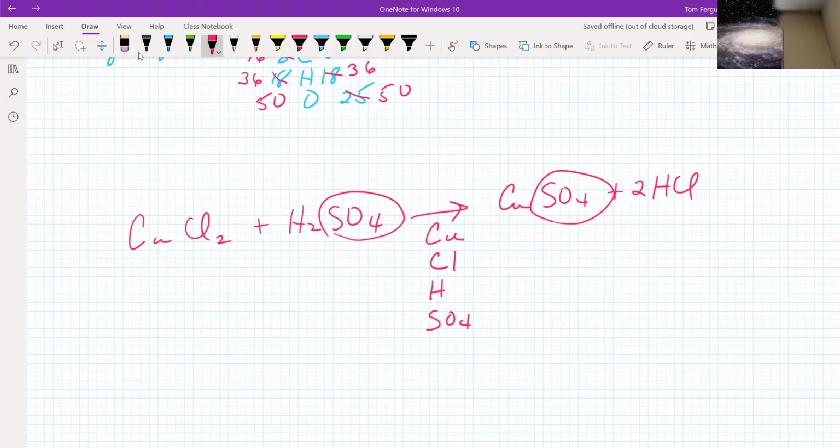How many S's and O4s? Now, right now, the SO4 oxygens are not part of the other oxygens. The S's are not part of anything else. They're a group and they're treated like a group.